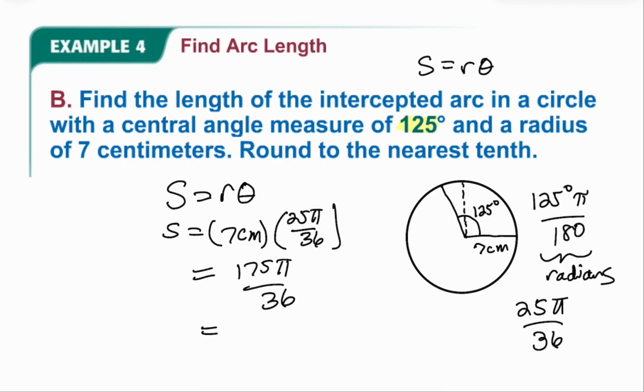But they wanted us to round to the nearest tenth, so that means the calculator is our friend. So if we do 175 times pi divided by 36, and then round to the nearest tenth, we get 15.3. And if it starts with centimeters, you better label it as centimeters. So that is how we find arc length, whether we start out with radians or we start out with degrees. That's how you could use that.